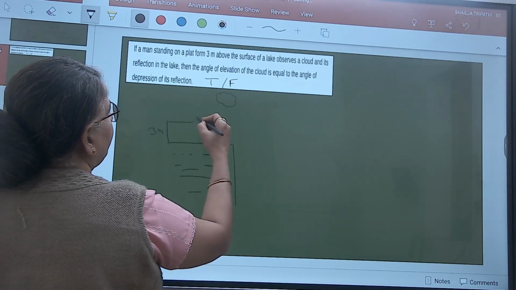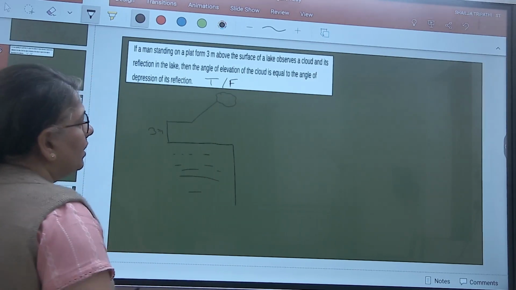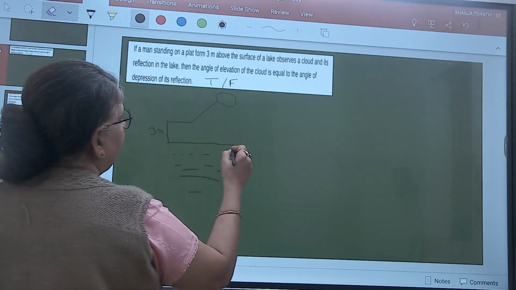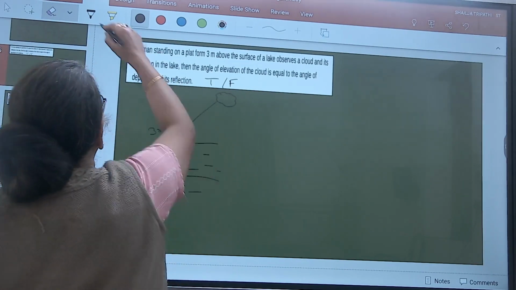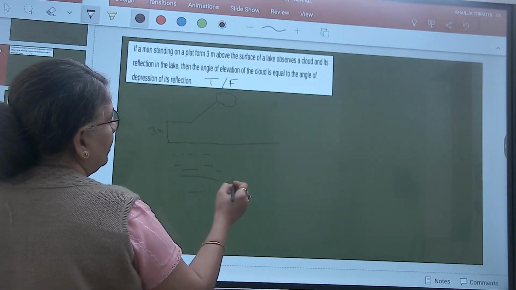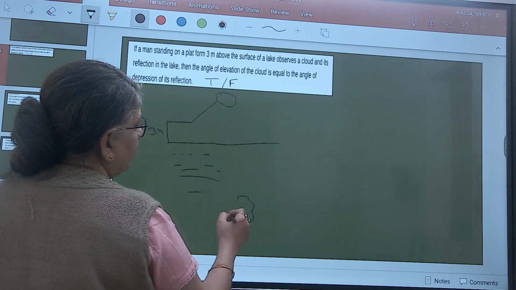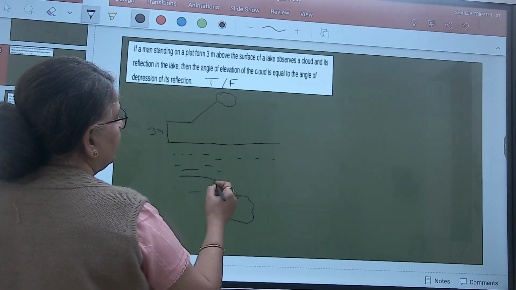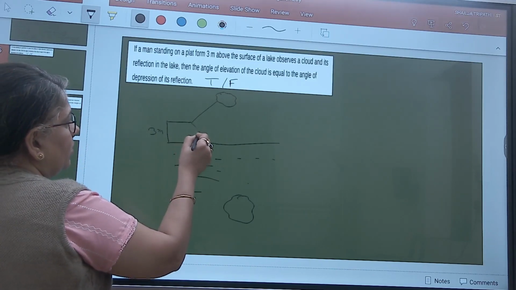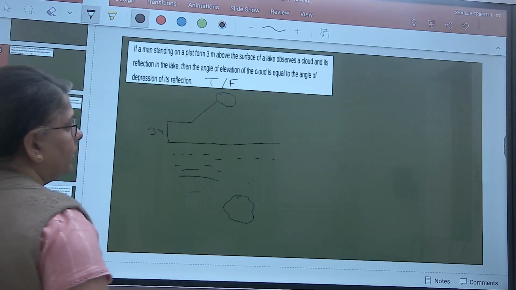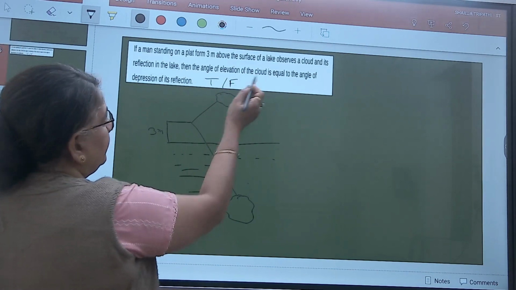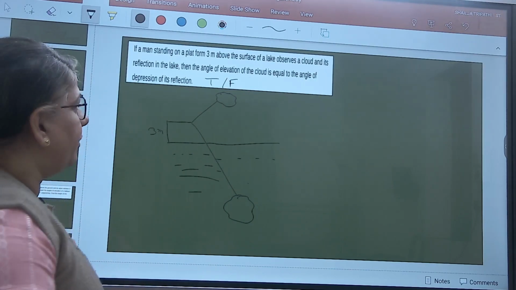From this point he is observing the cloud, and at the same time he is also observing the reflection of the cloud which is formed in the water. So the person is also seeing the reflection. Now we have to show that the angle of elevation is equal to the angle of depression.